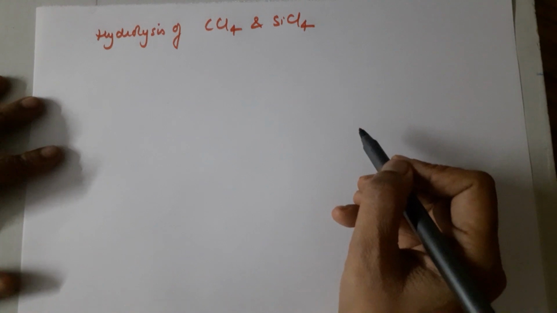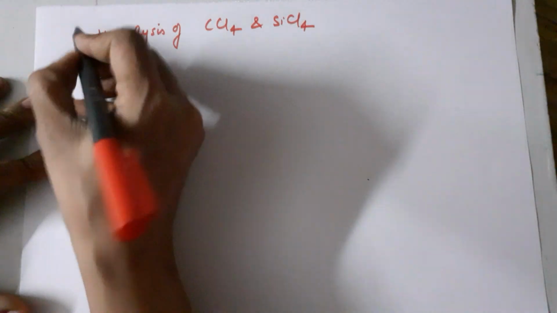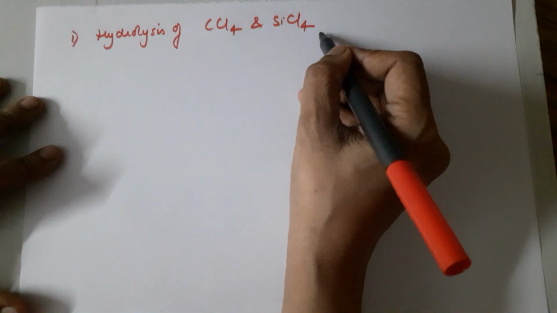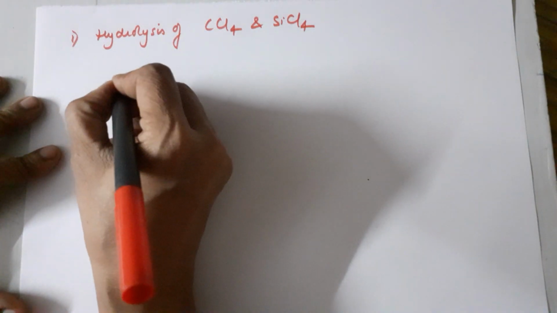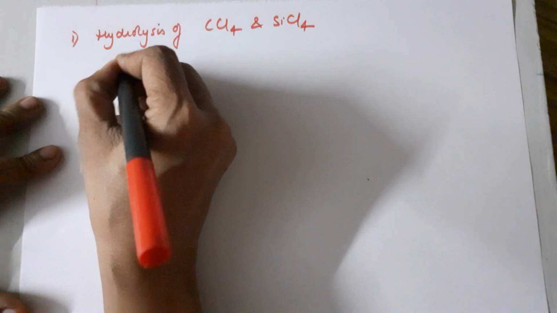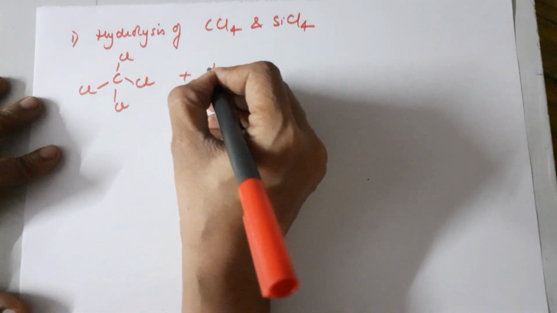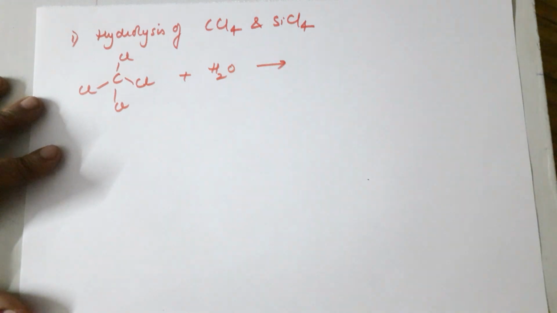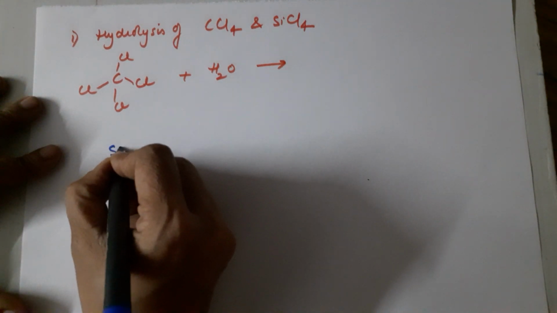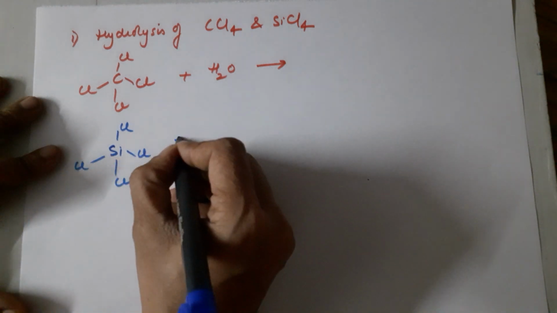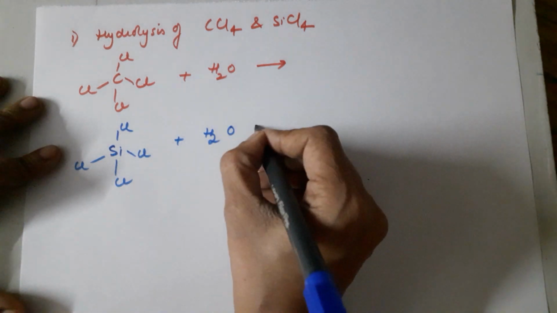I would now be doing some important topics. The first is hydrolysis of CCl4 in comparison to SiCl4. Both of them have got tetrahedral geometry, and the hydrolysis means reaction with water. For silicon also, it has a tetrahedral geometry and there is reaction with water.